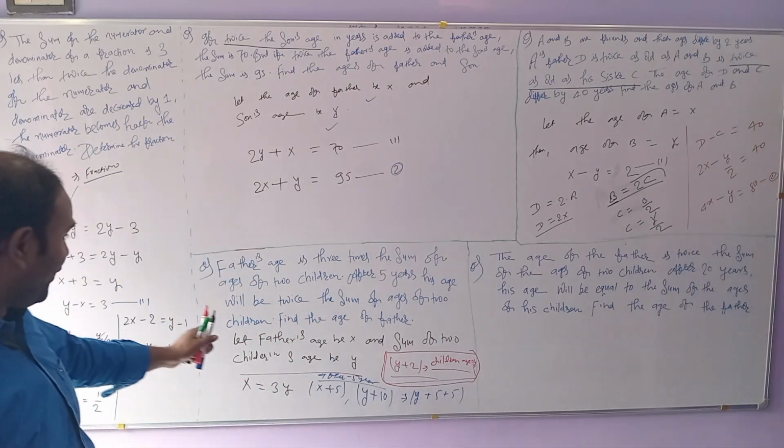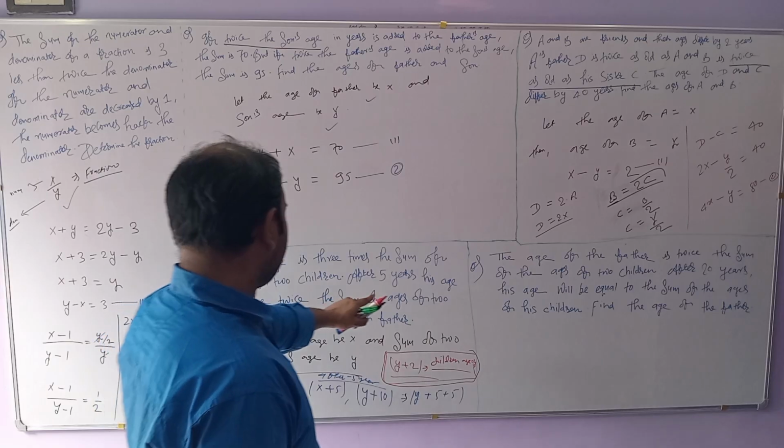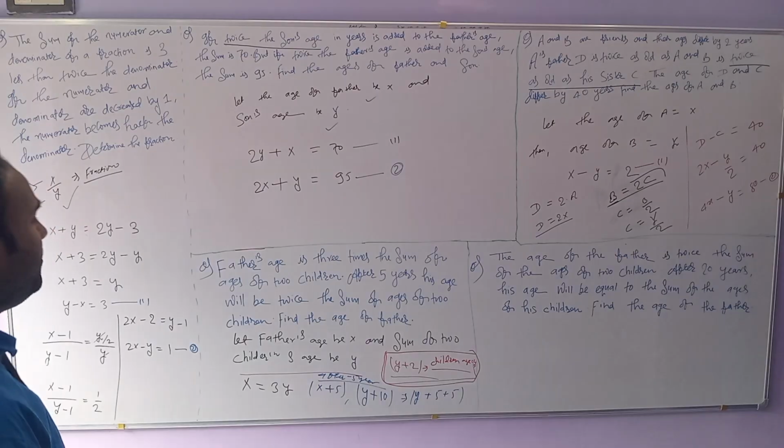So when we relate with the equation, after 5 years, his age will be twice the sum of ages of two children.